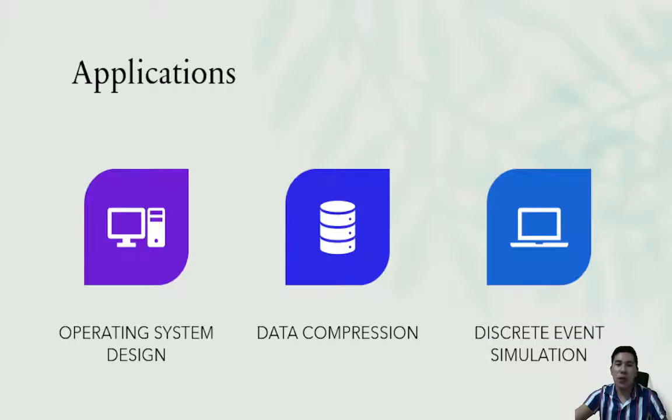The most common applications of priority queues: in terms of operating system design, there is what we call resource allocation. Priority queues are used for allocating resources, for instance, assigning memory to a certain application that is currently running.